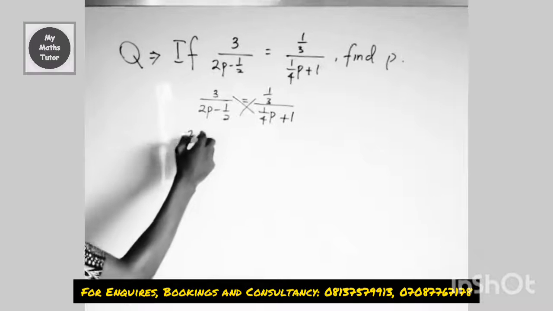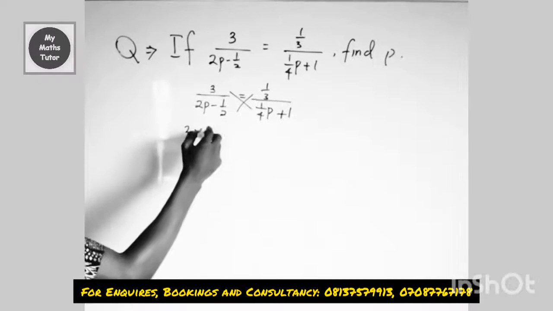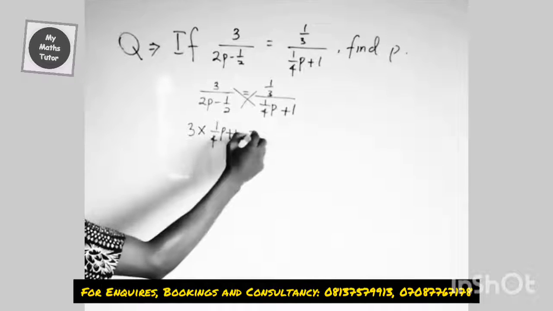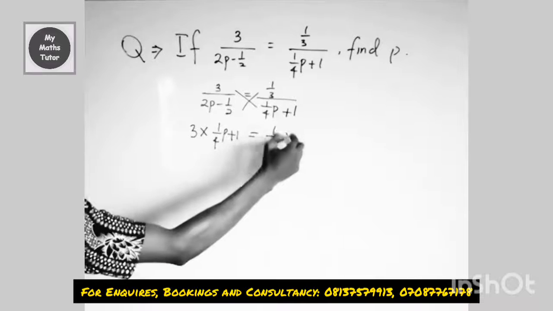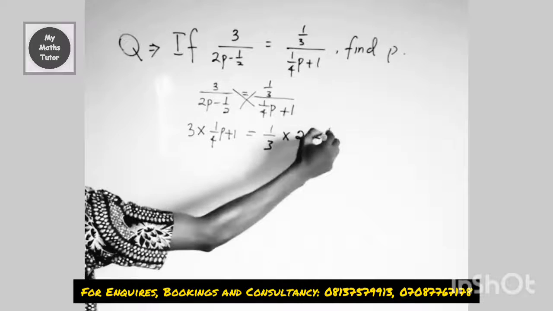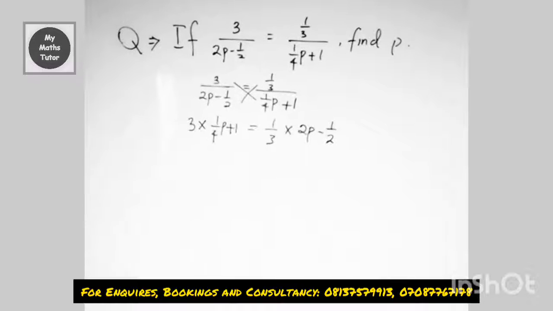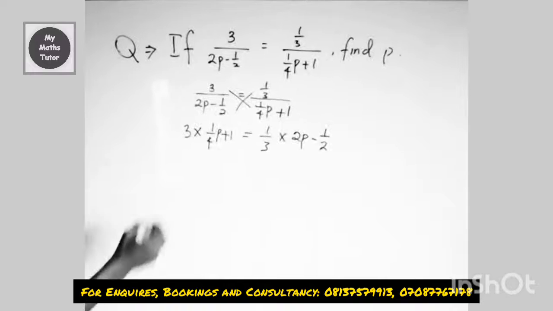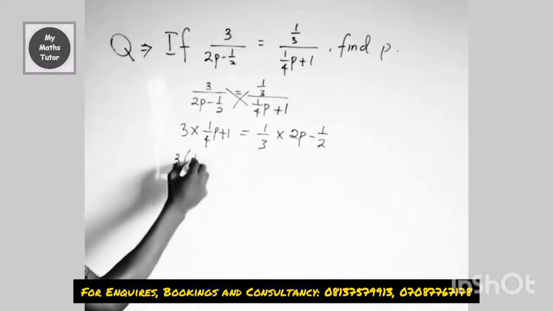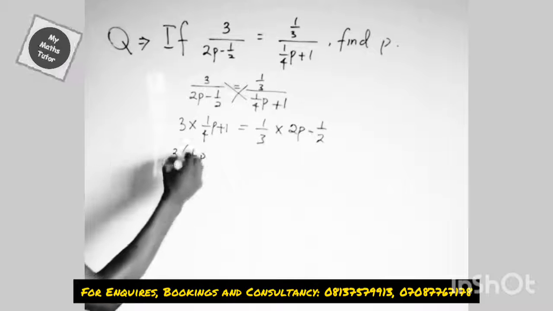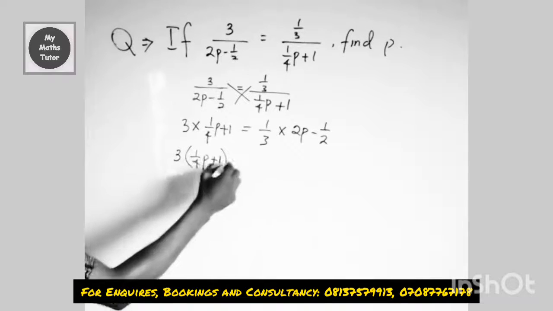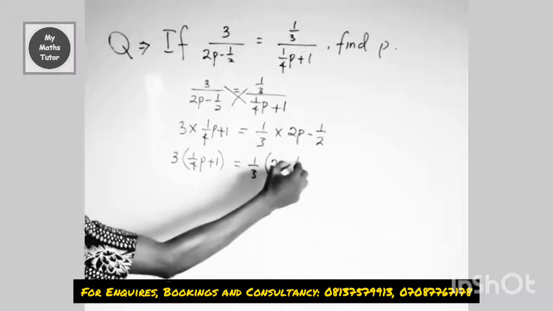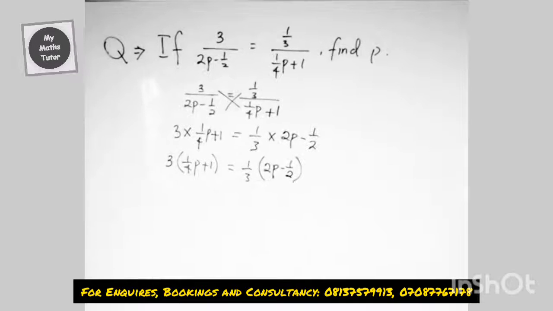That's the sign, the cross multiplication sign. That is 3 times 1 over 4p plus 1 equals 1 over 3 times 2p minus half. Are you following? Now, this in turn gives us 3 into bracket 1 over 4p plus 1 equals 1 over 3 into bracket 2p minus half.